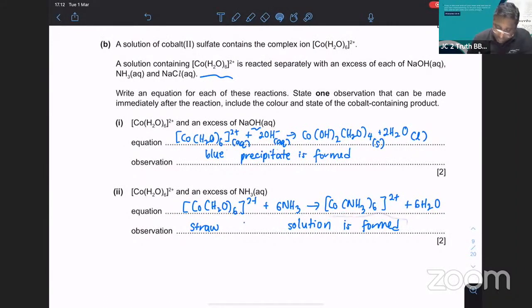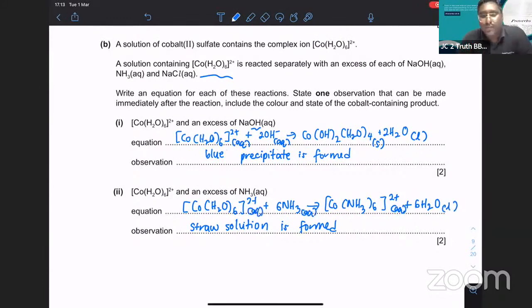So a straw solution is formed. I'll just bring it over here. Straw solution formed, so you can just put aqueous. This is liquid, this is going to be aqueous, and this is going to be aqueous. So you just need to know what is the observation.